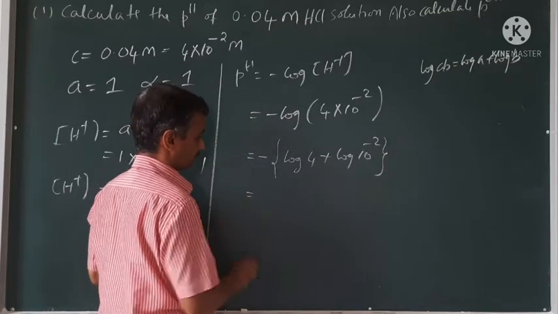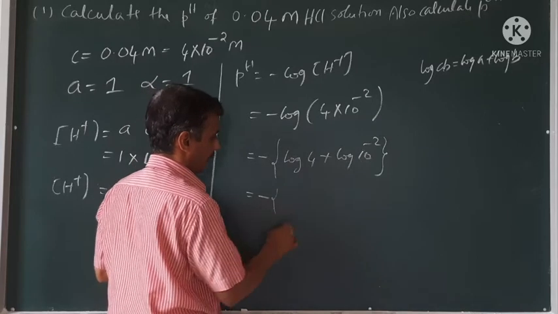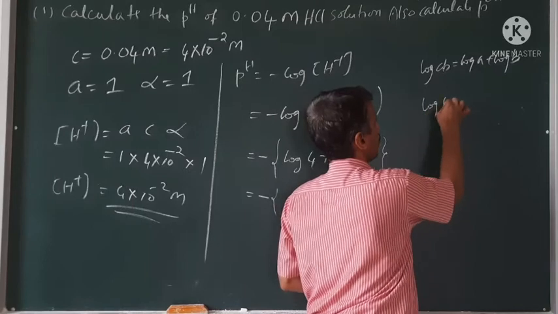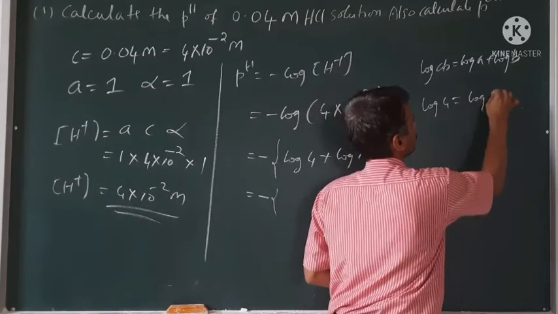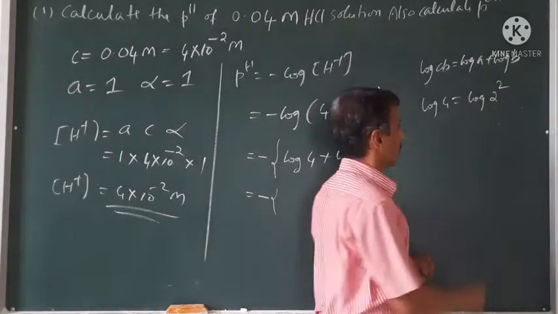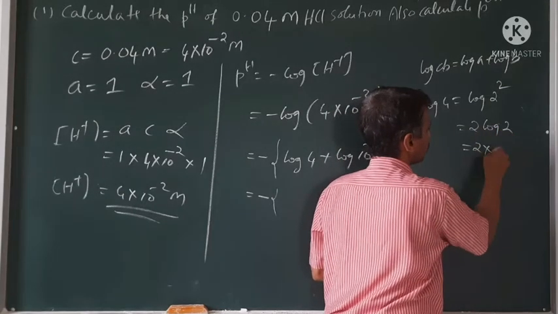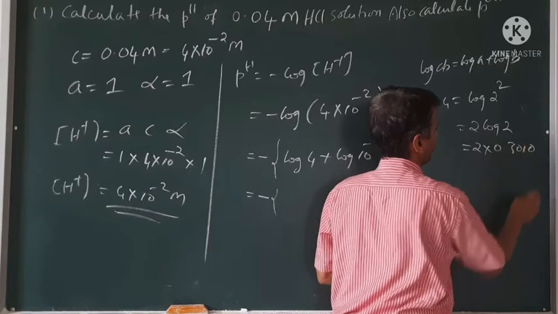Now, minus. Log 4 is log of 2 squared, which is equal to 2 log 2. And log 2 is 0.3010.